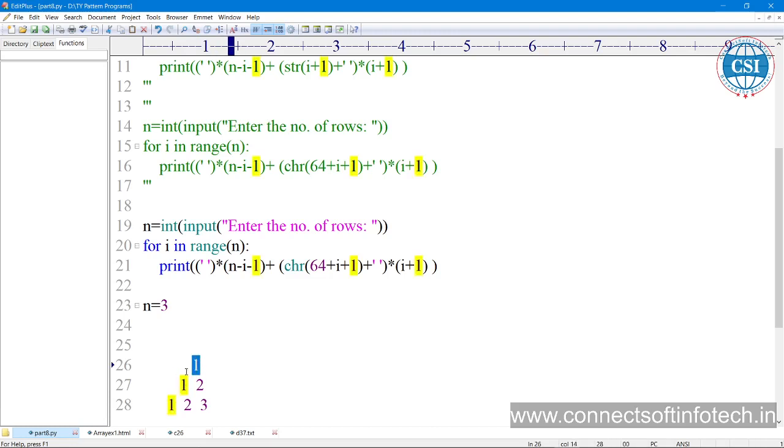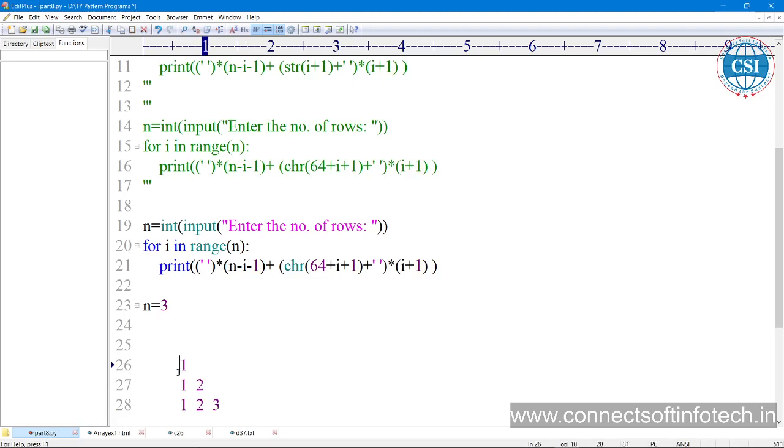When i is equal to 1, then j runs once; when i is equal to 2, then j runs 2 times; when i is equal to 3, then j is printed 3 times. Like this way we require.